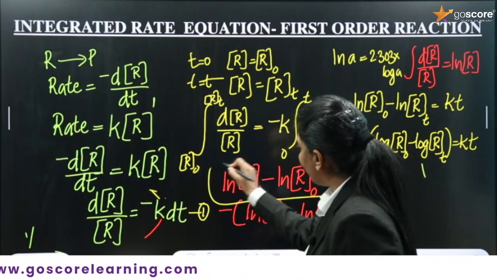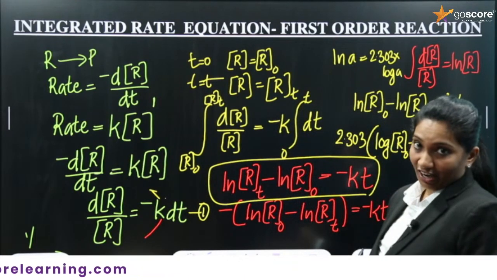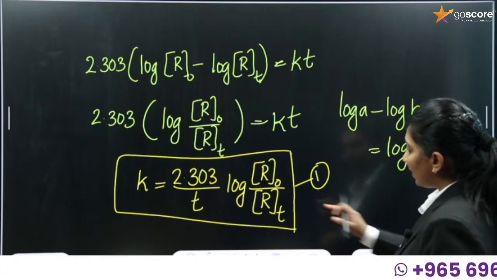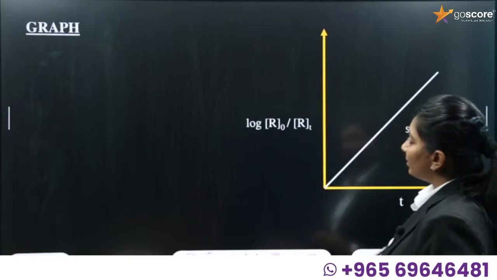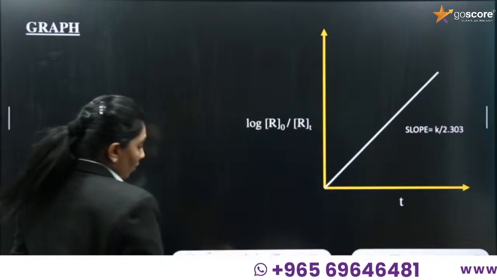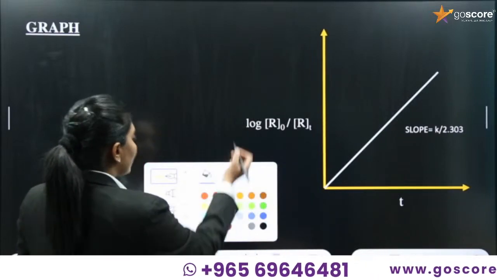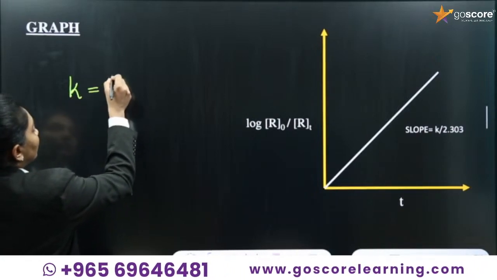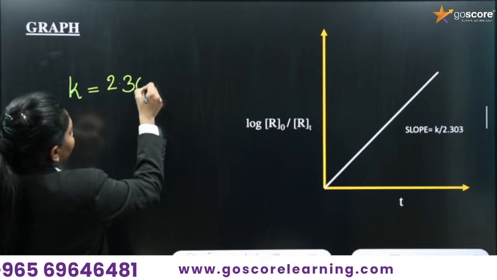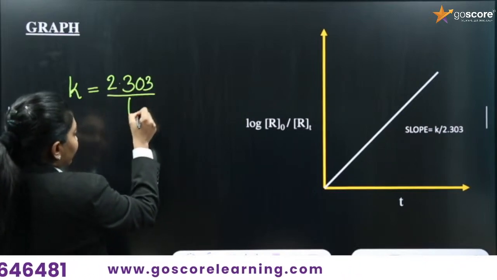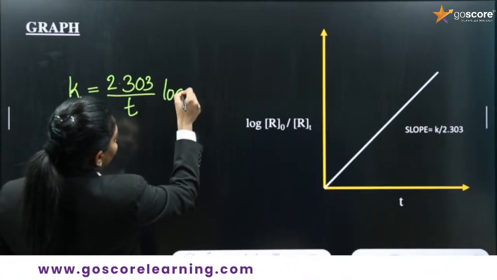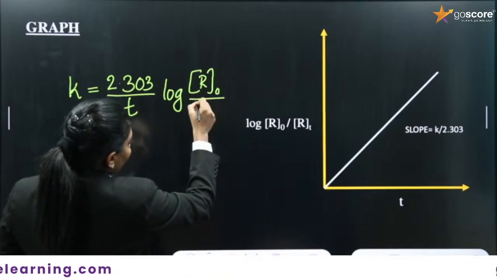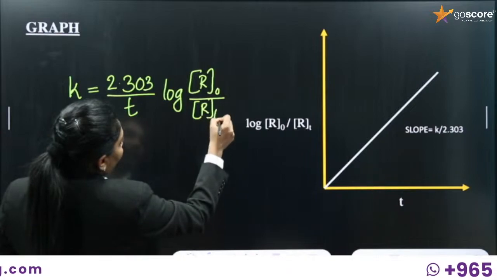You should also be familiar with this equation because this will be useful for drawing the graph. Okay, so when you take this equation, first we can go for this one. We will be looking for the graphical representation. What we got as the rate equation for first order reaction is rate constant k is equal to 2.303 by t into log concentration of r0 by rt. Right?